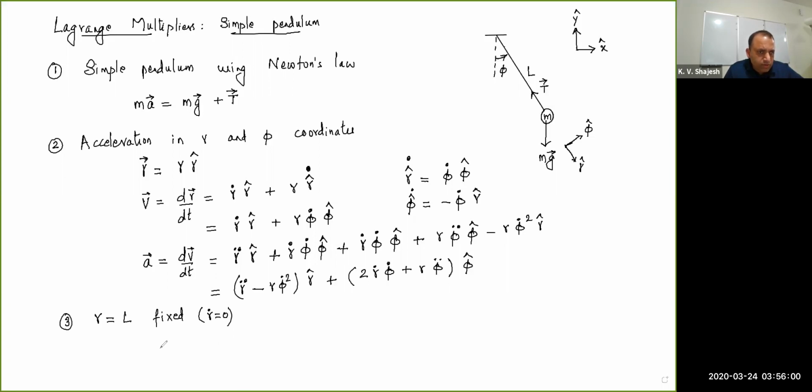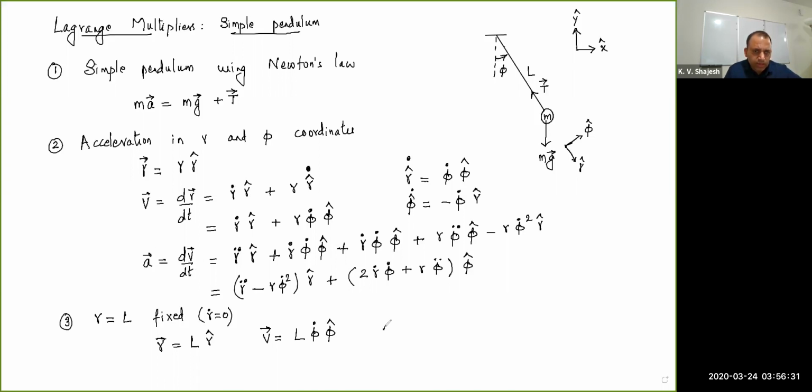We have the position vector r is simply L times r hat. The velocity v, since r dot is 0, is simply L times phi dot times phi hat. So it is completely tangential. It's completely in the tangential direction.